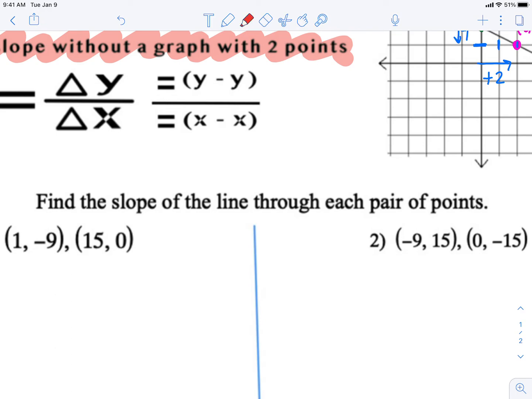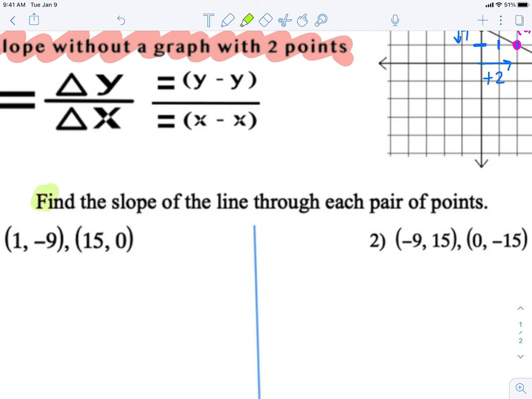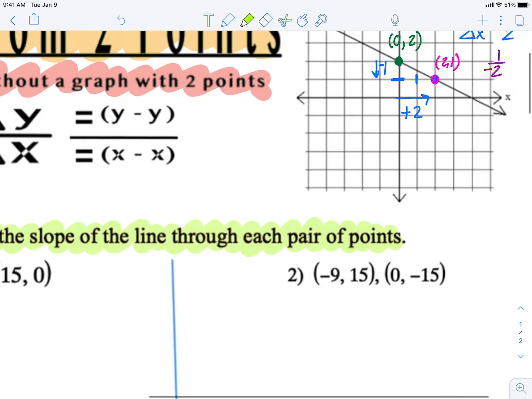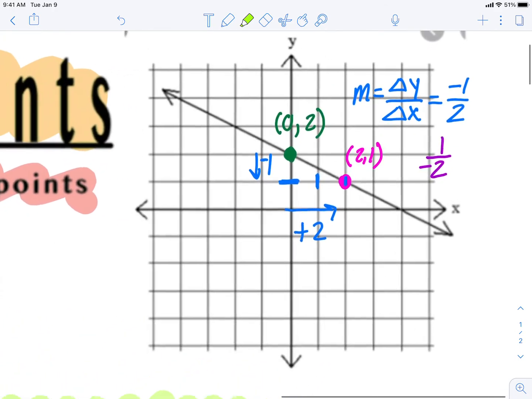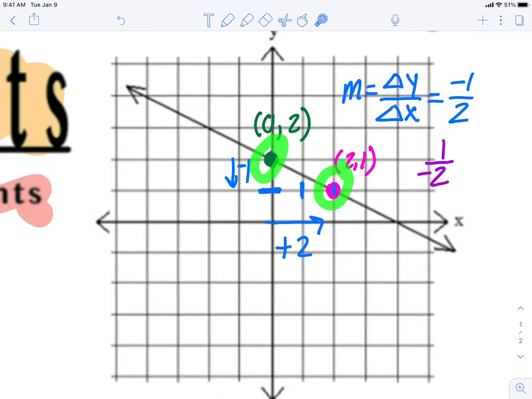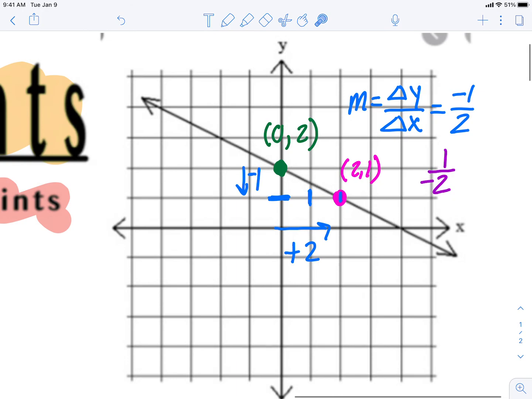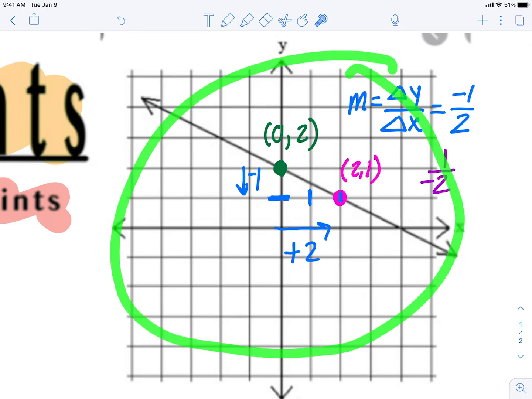Always, always, always read the instructions before continuing. Find the slope of the line through each pair of points. The reason we use the formula is that here, this was handy: I had a point here and a point here. But this line continues forever, and this graph can be as large as the universe.